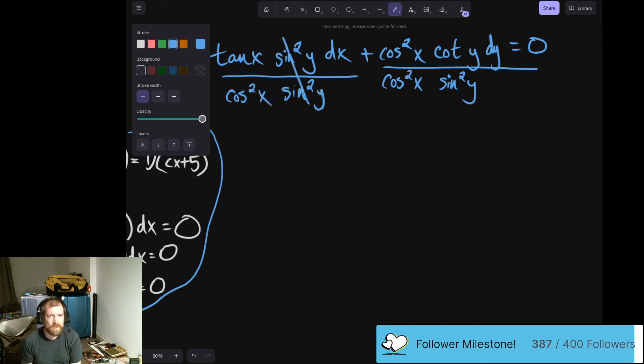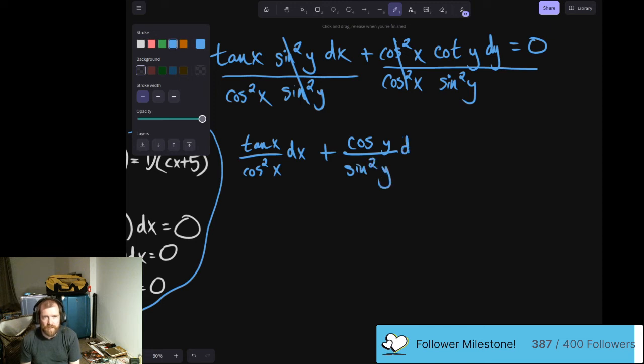So on the left, we end up with tangent of x over cosine squared of x dx plus cotangent of y divided by sine squared y dy equals 0. I suspect this is going to be very nice and easy comparatively. This is a U substitution, it looks like.